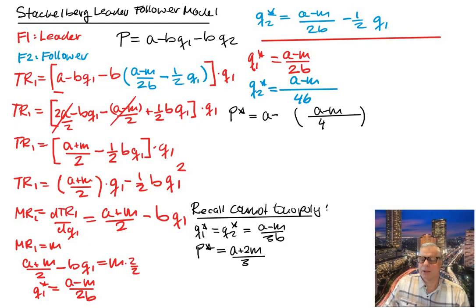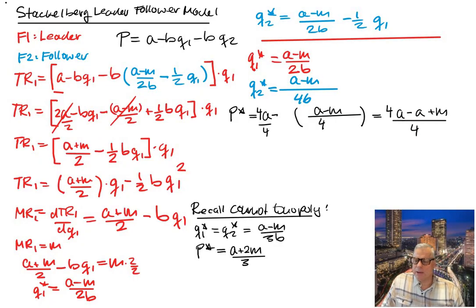Okay, so let's just get everything over a common denominator. So let's multiply this times 4 over 4. And then we get 4A minus A plus M over 4.